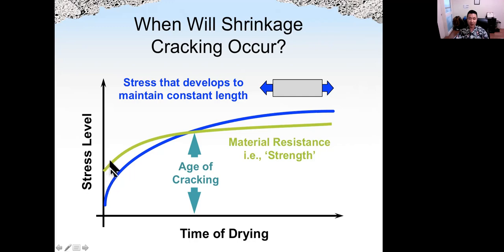And the green line shows material resistance, or the strength of concrete, which is also going up over time because of hydration. So concrete will crack when the stress level catches up with the strength of concrete. Then concrete will crack.